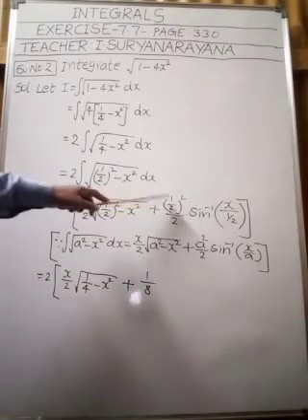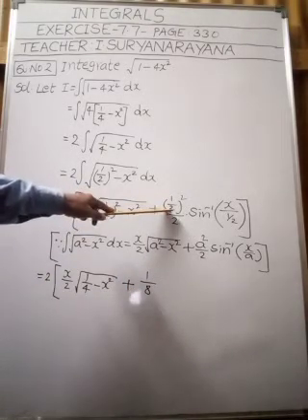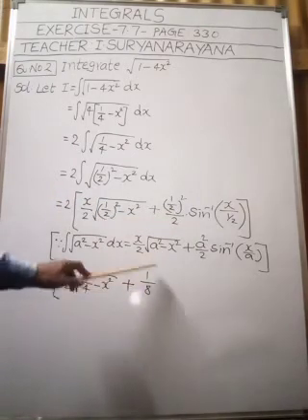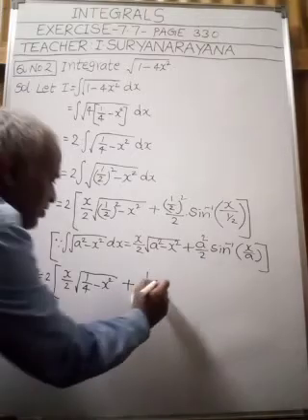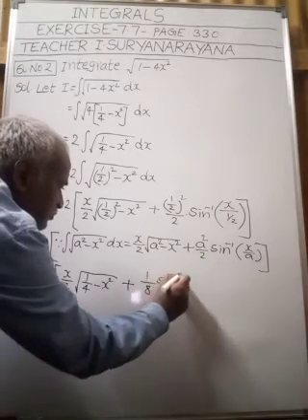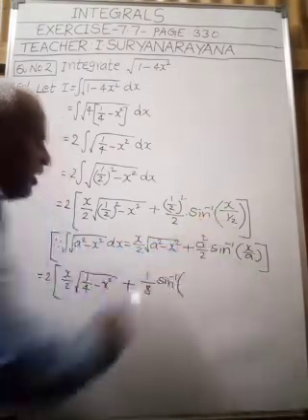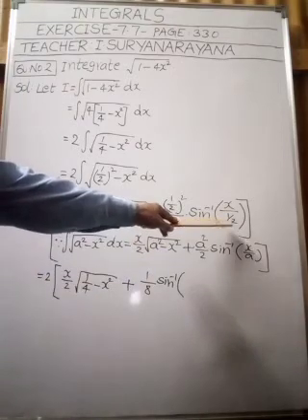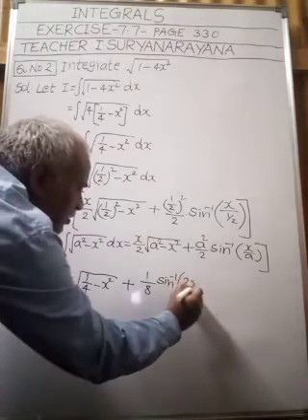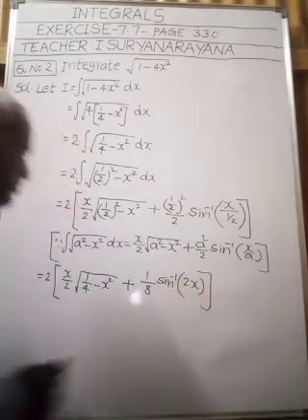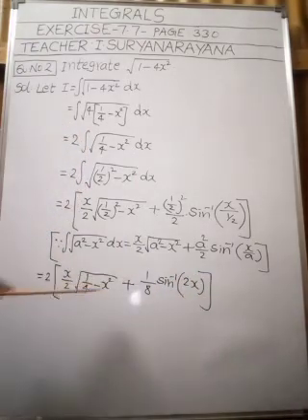Isn't it, my children? 1 by 4 we get in the numerator, by 2. Then what do you get finally? 1 by 8. Understood this 1 by 8, my children? Into sin inverse of, what will you get here, 1 by 2 is in the denominator. If it comes into the numerator, 2x. Sin inverse of 2x. Okay, my children, understood this one?